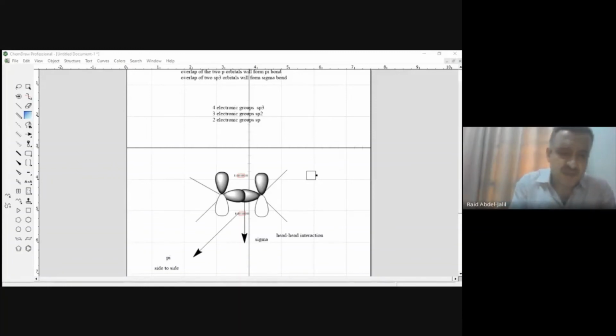The reason why? Because sigma is stronger than pi, because in sigma, the overlap of electrons is head to head, which means the electron density lies between the two nuclei.